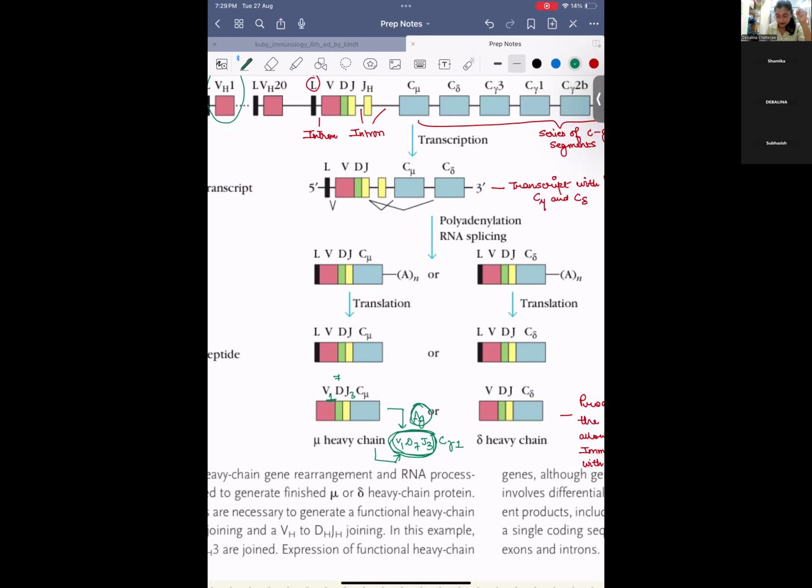This antigen has selected this particular combination of V, D, and J. The only thing we now want to decide is which effector function we want to bring about. We can only change our C region for the heavy chain. But clonal selection is going to happen only for the particular selected combination of VDJ for the heavy chain, or VJ in the light chain.